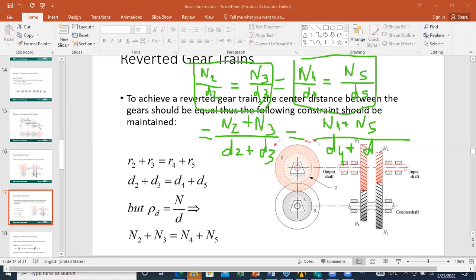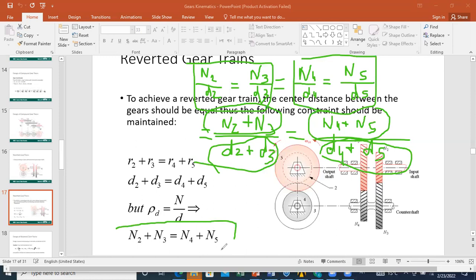And since I already have that D2 plus D3 is equal to D4 plus D5, then I also can write a constraint equation for the number of teeth: N2 plus N3 should be equal to N4 plus N5. So I can use this relation in the design process of reverted gear trains. Now we'll take several examples together to see how we apply these relations in order to come up with the sizes that we should use.